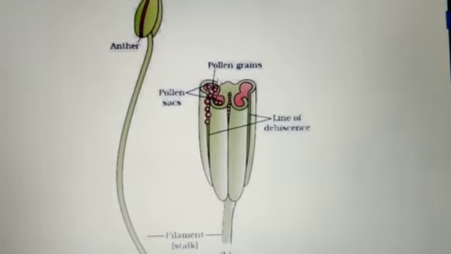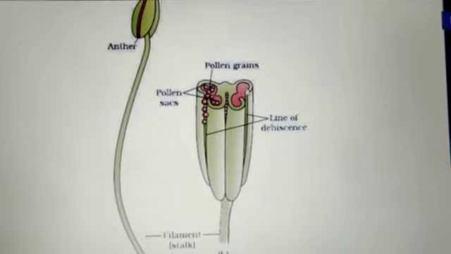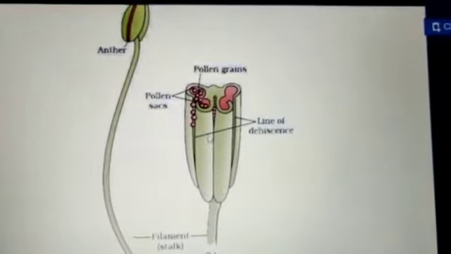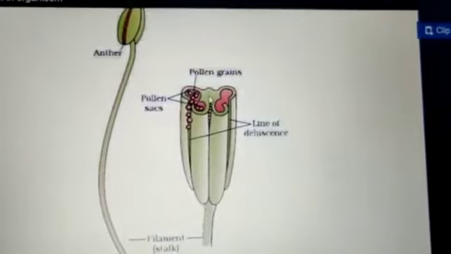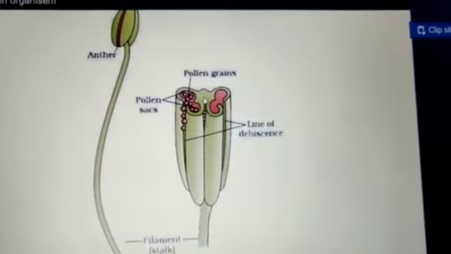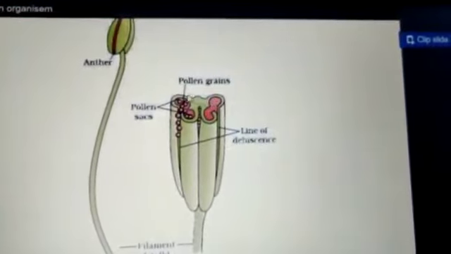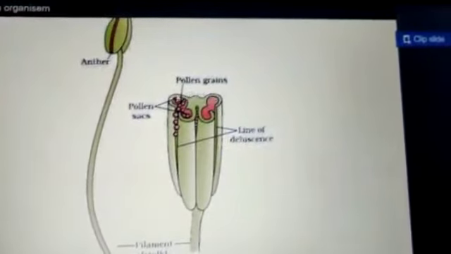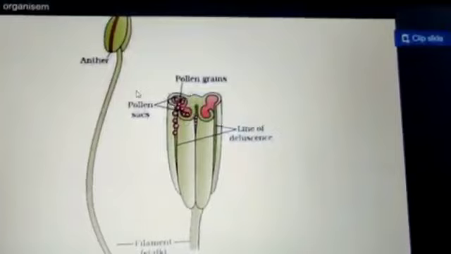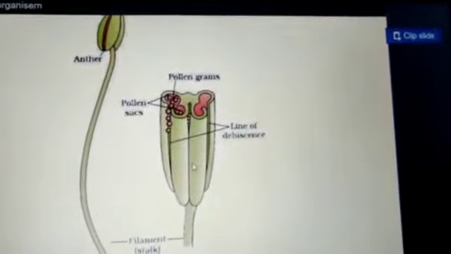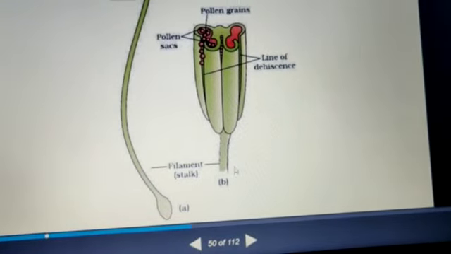If you take a cross section, this is the anther, bilobed. This is one lobe, this is the other lobe, and they are joined with the vascular bundle. And these 1, 2, 3, 4 are the 4 microsporangia which help in the formation of the male gamete, that is the pollen grain.